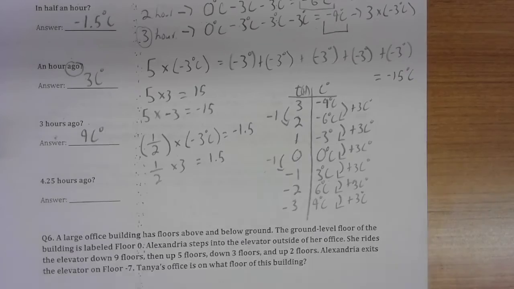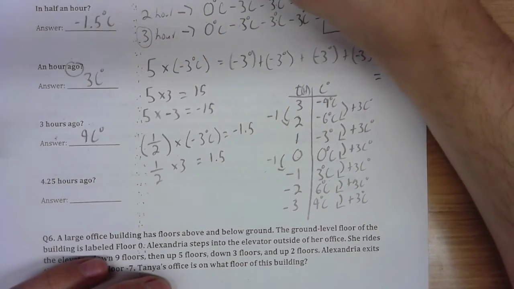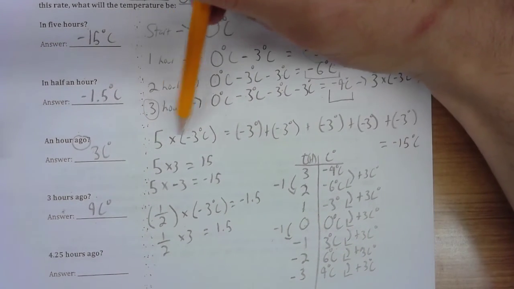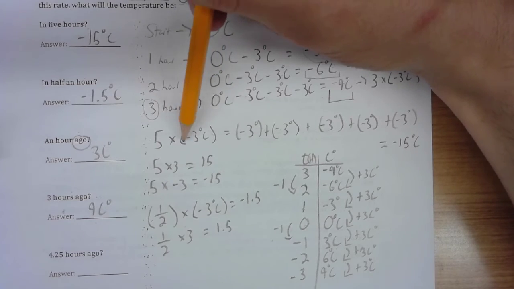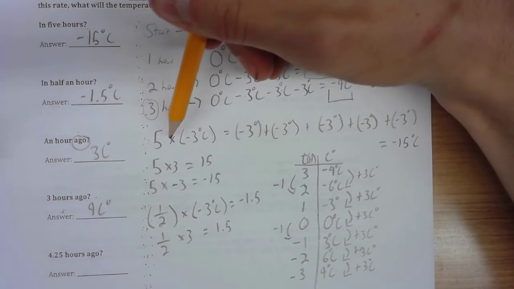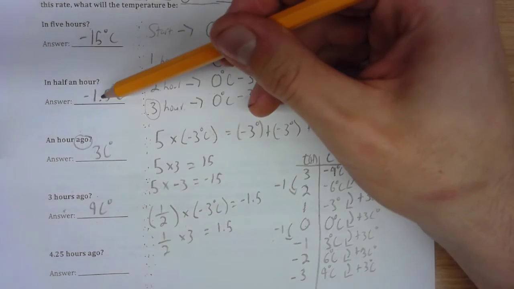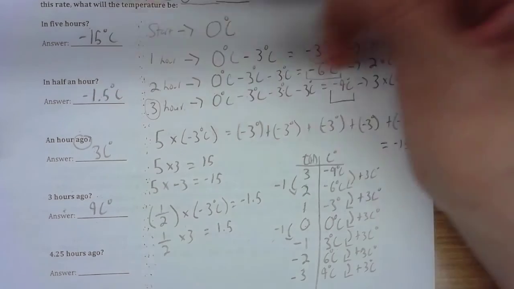4.25 hours ago. So remember up here when we were doing number of hours, 5 hours, times the number of degrees that we are changing. In this case, it is negative 3 degrees Celsius we were changing. It was 5 times negative 3 degrees Celsius. Here, it was 1/2 times negative 3 degrees Celsius.